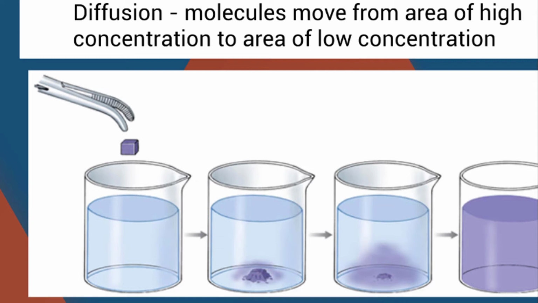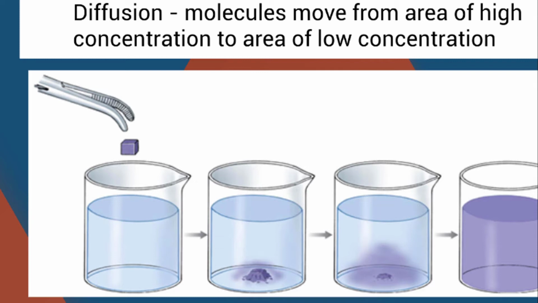Molecules or ions will spread, diffuse, from where they are more concentrated to where they are less concentrated until they are equally distributed in that space. When molecules move in this way, they are said to move down their concentration gradient.